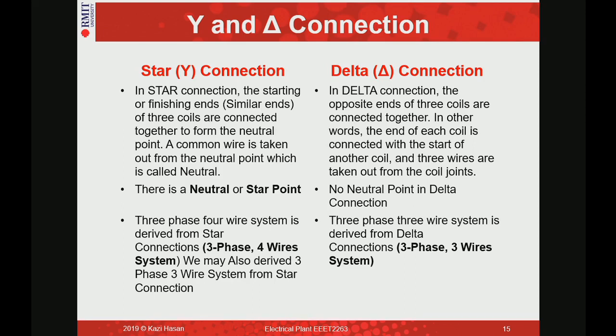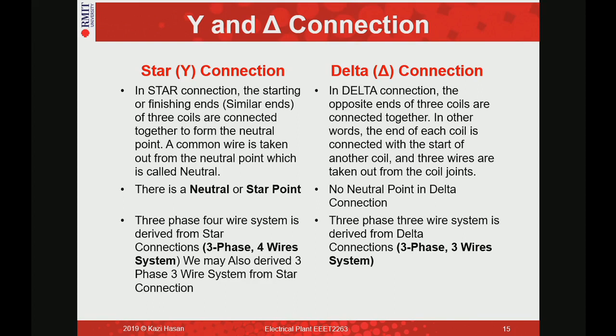We have done some mathematics, and we have seen by now that in all of the Y connected circuits there is a neutral or common point in all of the phases, but in delta there is no neutral point or connection. So these are just for your general understanding and review about Y connected and delta connected circuits.